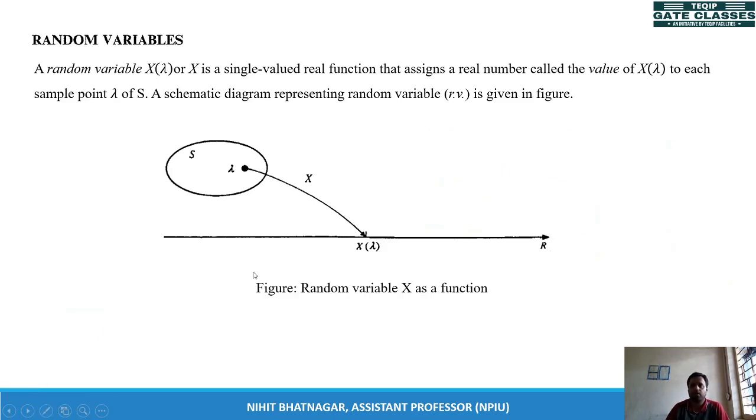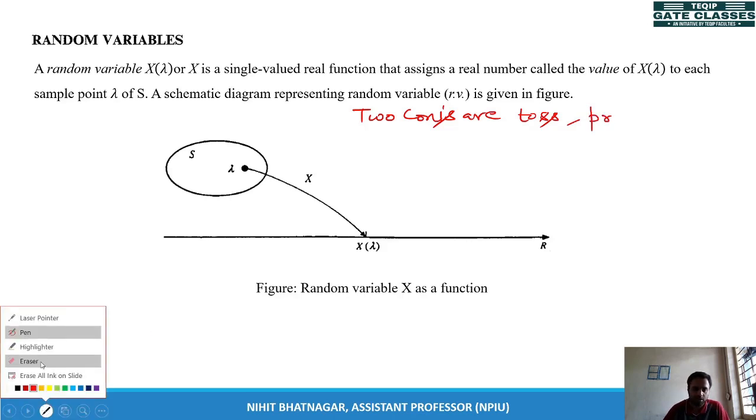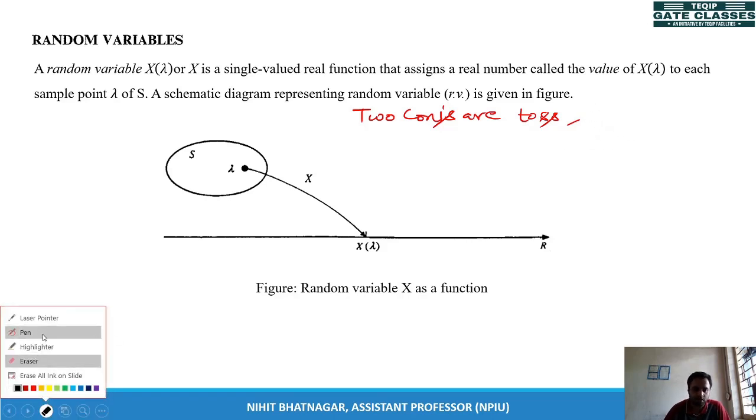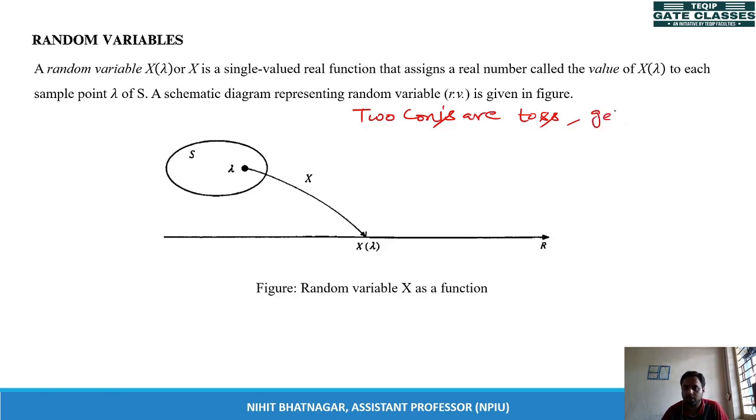Another example: 2 coins are tossed. So what is the probability of getting a head, and the number of ways of getting it?